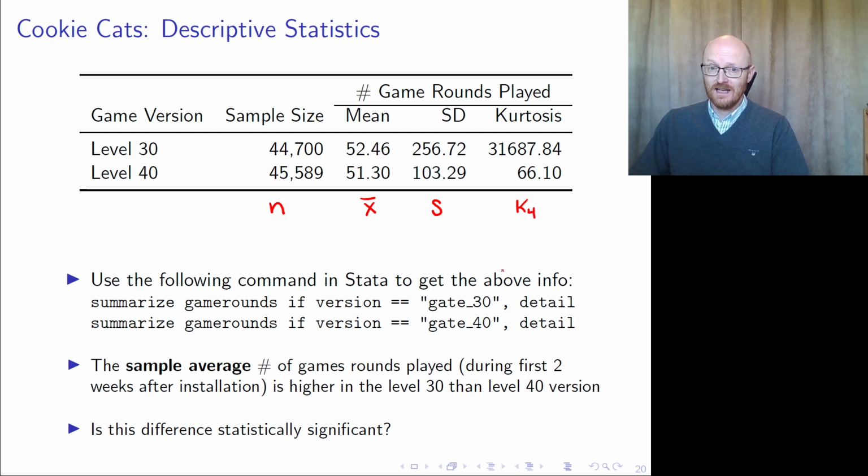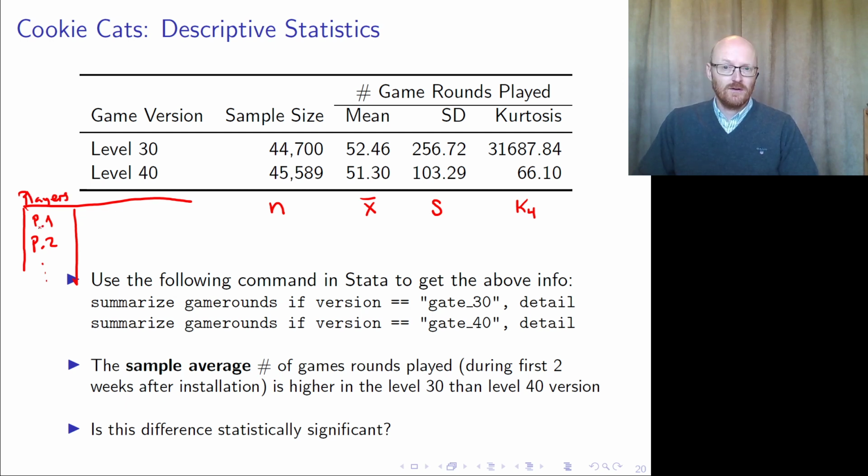Okay, so now you have a lot of numbers, and the way you find these numbers is, if you have a table, you have player 1 and player 2, etc. And these are players, and often these are just number IDs, okay.